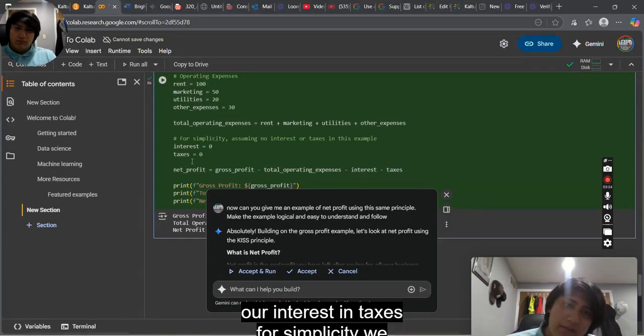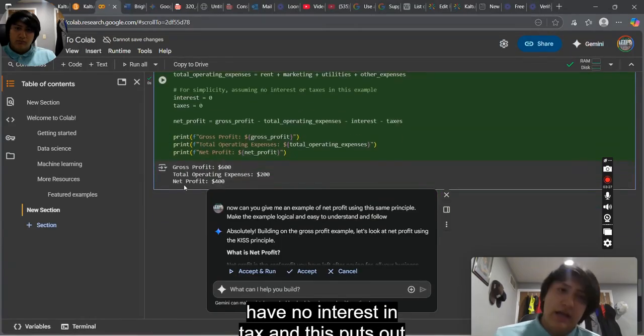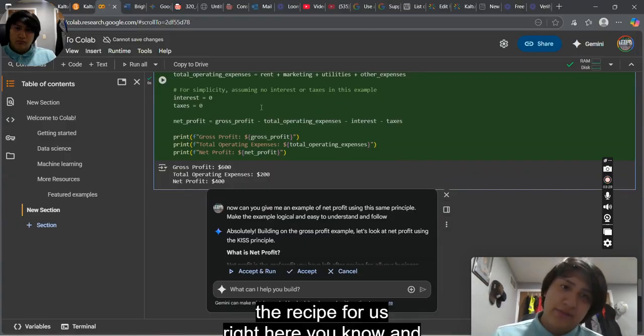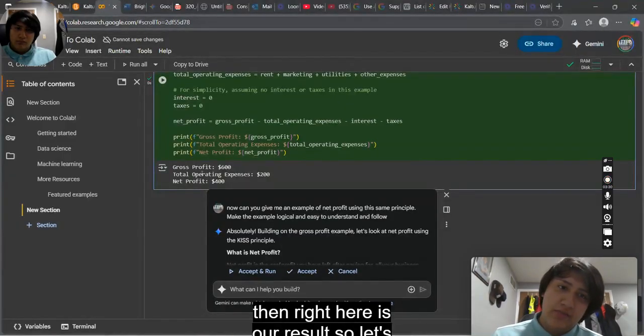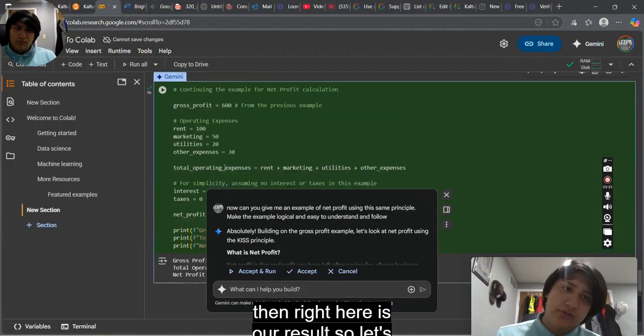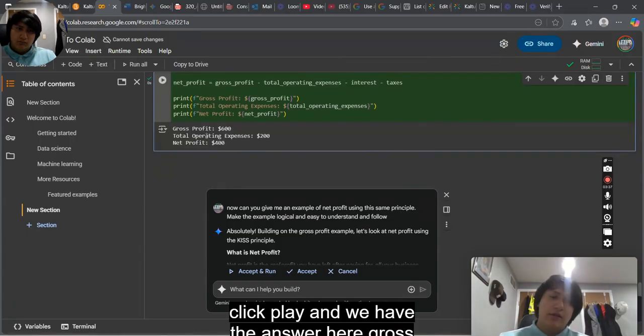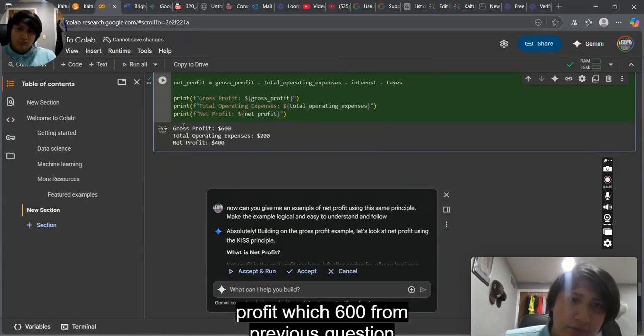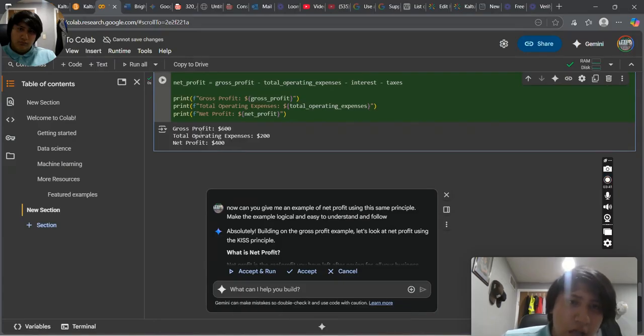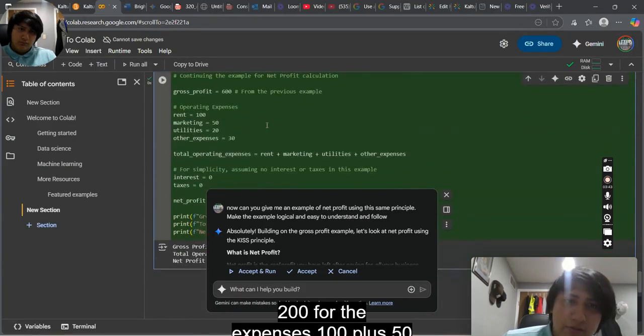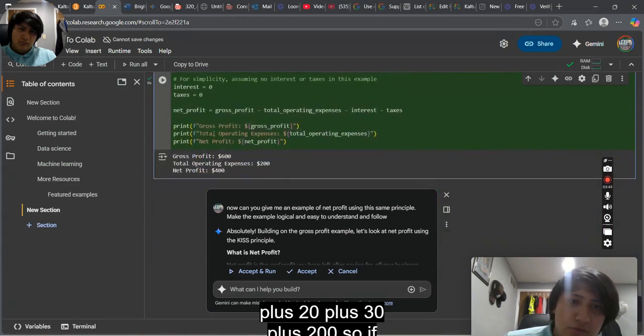For simplicity, we have no interest and tax, and it spits out the recipe for us right here, and then right here's our results. So let's click play, and we have the answer here. Gross profit, which is 600 from the previous question, 200 for the expenses, 100 plus 50 plus 20 plus 30 equals 200. So if we do 600 minus 200, you get a net profit of 400.